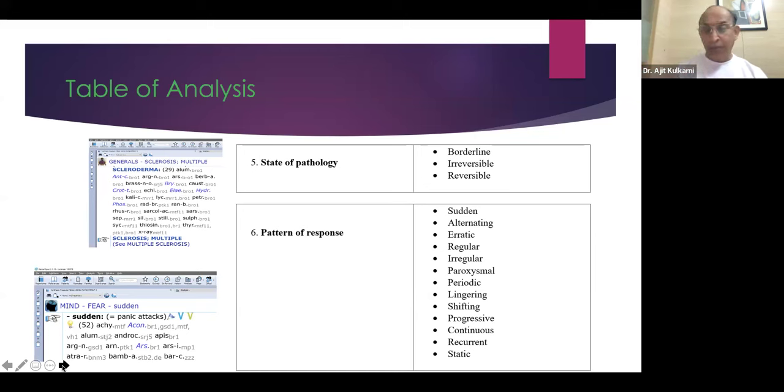Then the pattern of response: sudden, alternating, erratic, regular, irregular, paroxysmal, periodic, lingering, shifting, progressive, continuous, recurrent, and static. These are some of the patterns of responses. Every time my child develops the fever within 1 hour and it goes to 105-degree temperature. This is happening since the last 1 year. This is the mother telling you about the child's character.